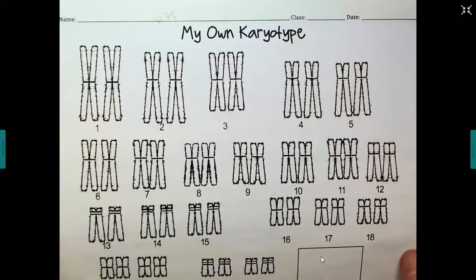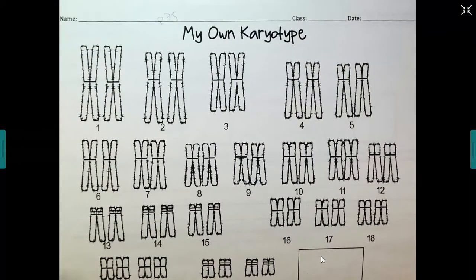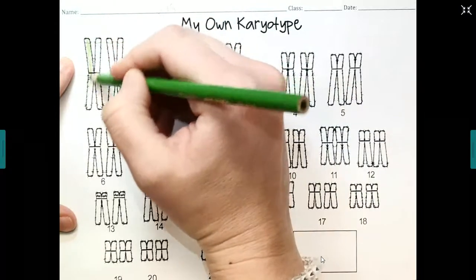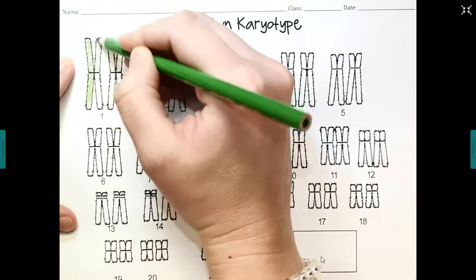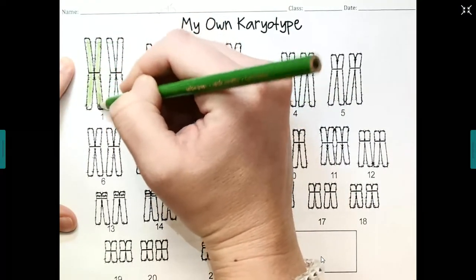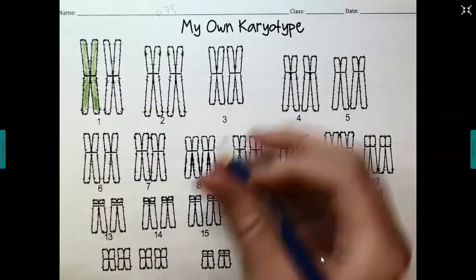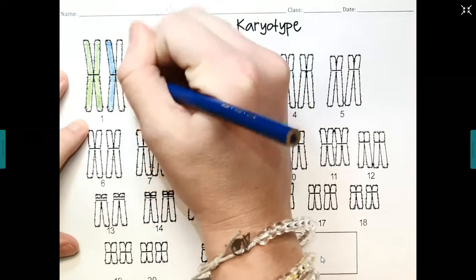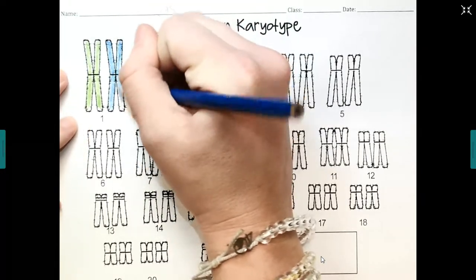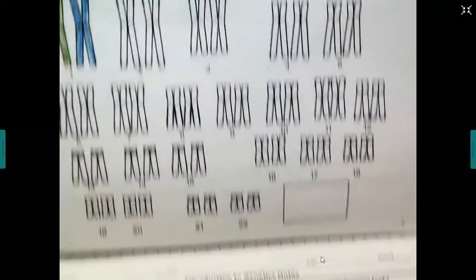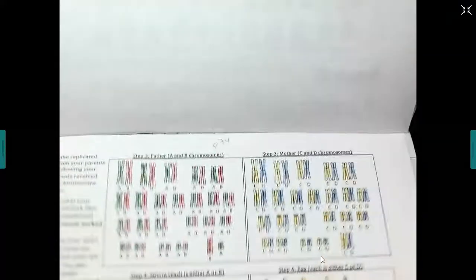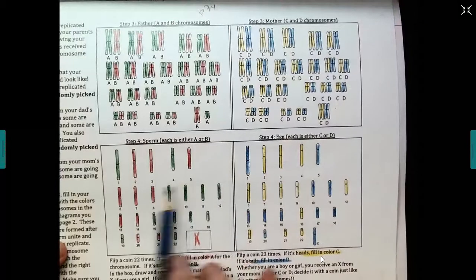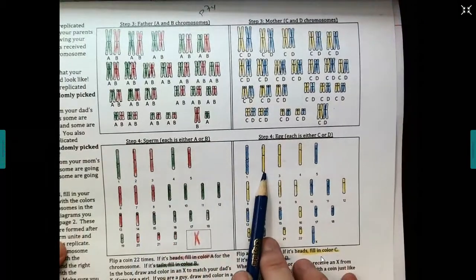So I'm going to come here to my own karyotype, and I'm going to color the left one green, like that. And then the one on the right is going to be blue. And then I need to look at chromosome pair number 2. Coming back here to the sperm and the egg, I'm going to have red and yellow.